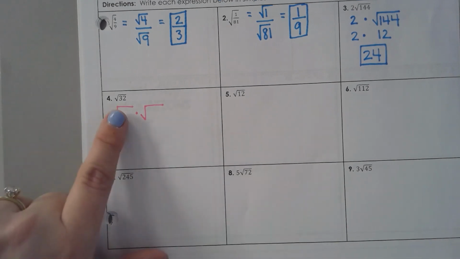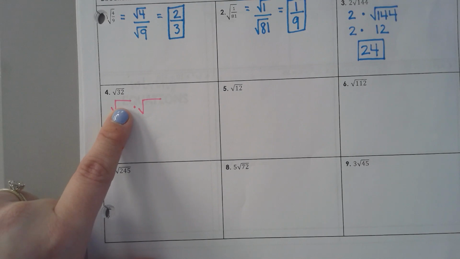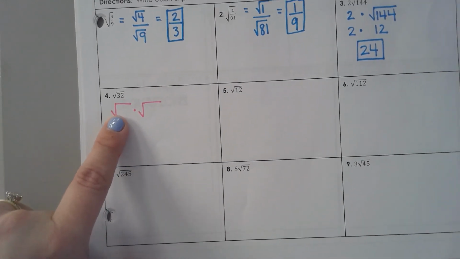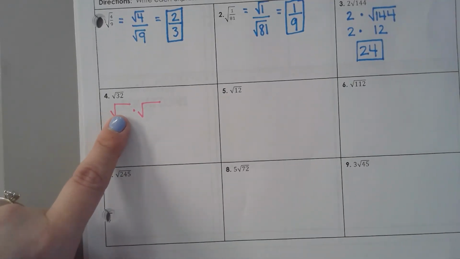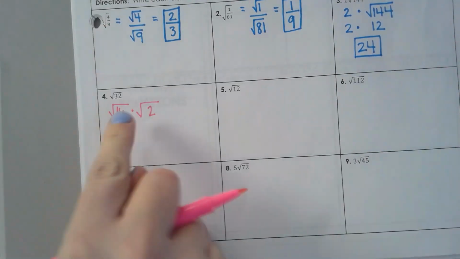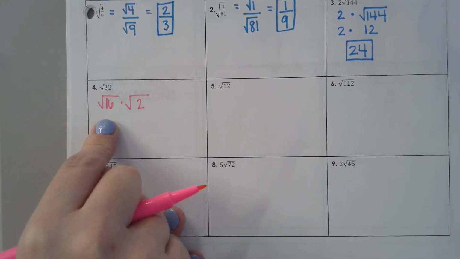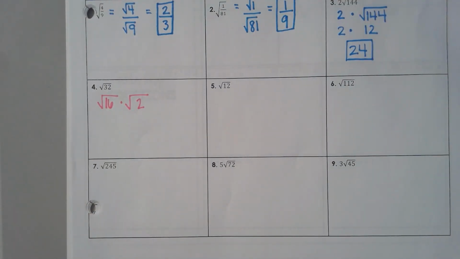So for example, there actually are 2 perfect squares, 4 and 16, that go evenly into 32. We want the biggest one. Okay. So 16 is the largest perfect square that goes into 32. 16 times what gives me 32? 16 times 2. So I split this up into the square root of 16 times the square root of 2.